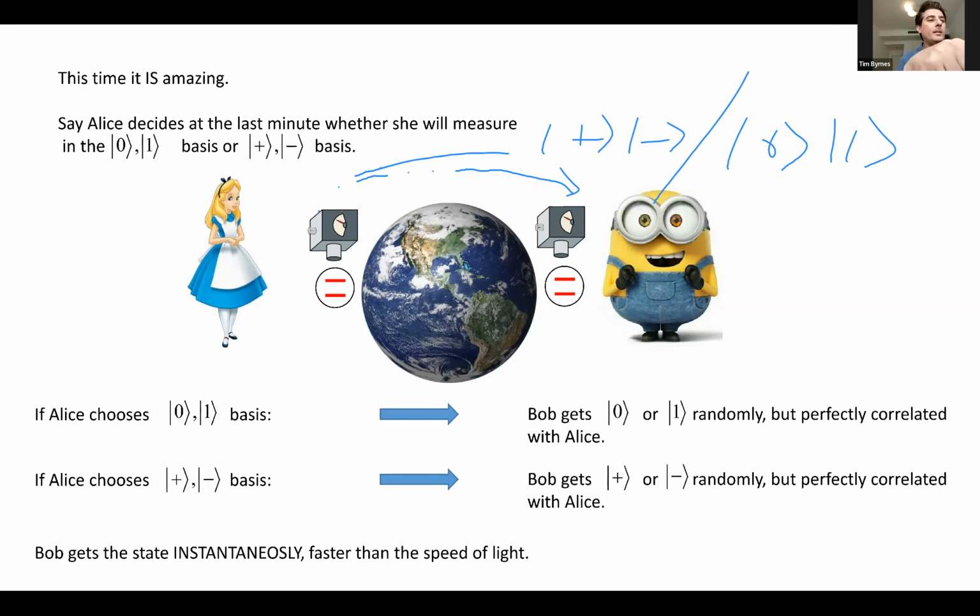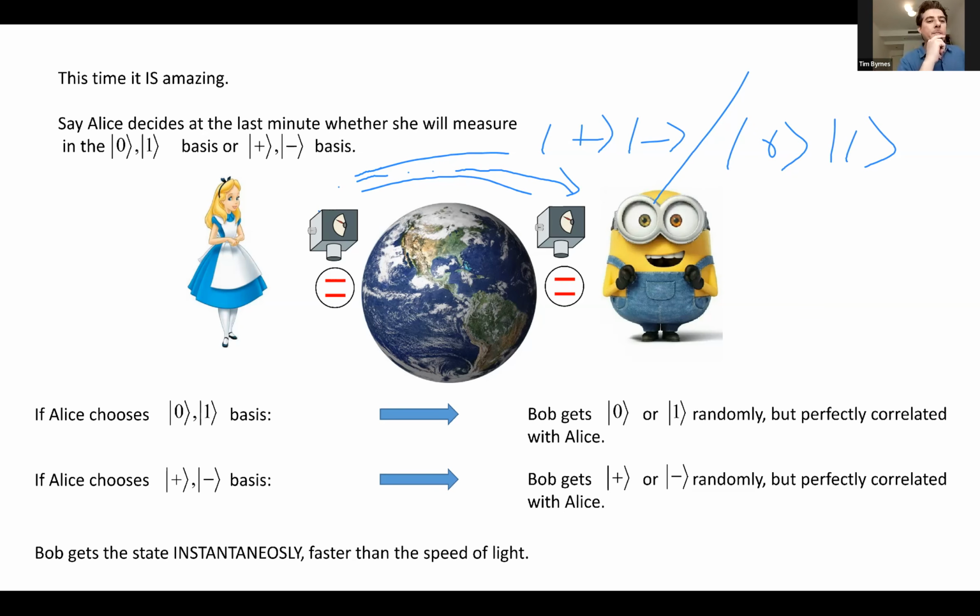But if this can happen faster than the speed of light, then there's basically no way that you can even cheat and have that situation where these machines are going to produce the correct type of states.